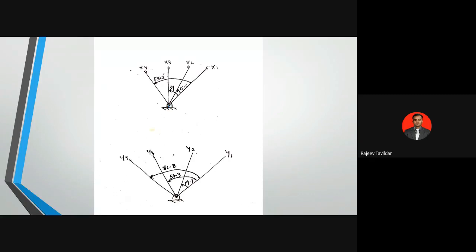So let me just draw for your understanding here. This was x0. This was x5. Okay. Now, if I just join them, this distance was equal to 1.